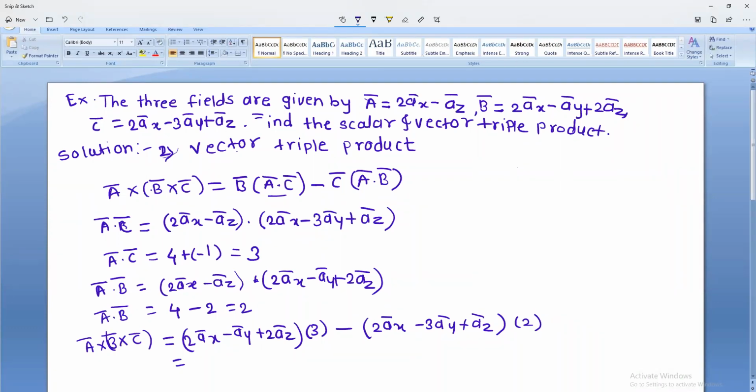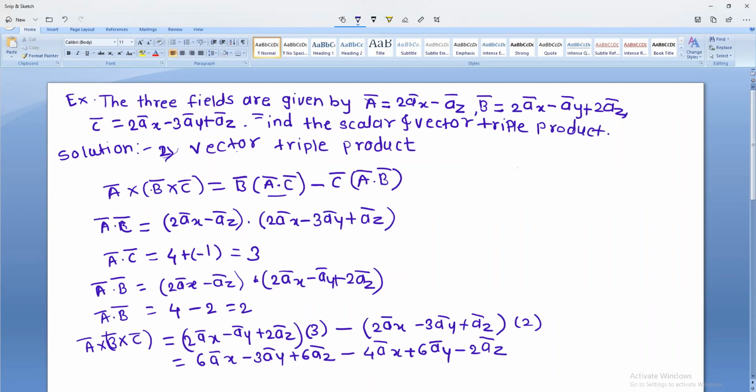So it is equal to 3 into 2, that is 6 a bar x minus 3 a bar y plus 6 a bar z, minus 2 into 2, 4 a bar x minus 6, sorry, minus plus 6 a bar y and minus 2 a bar z.